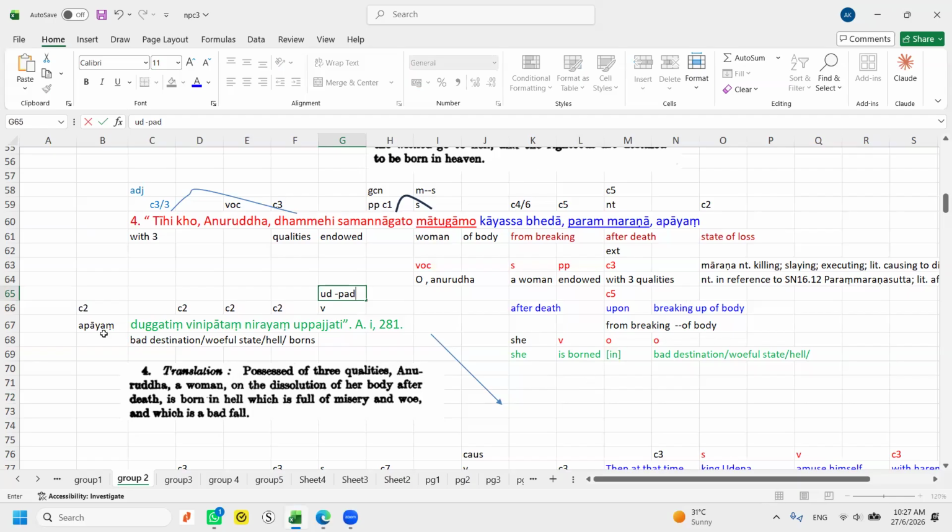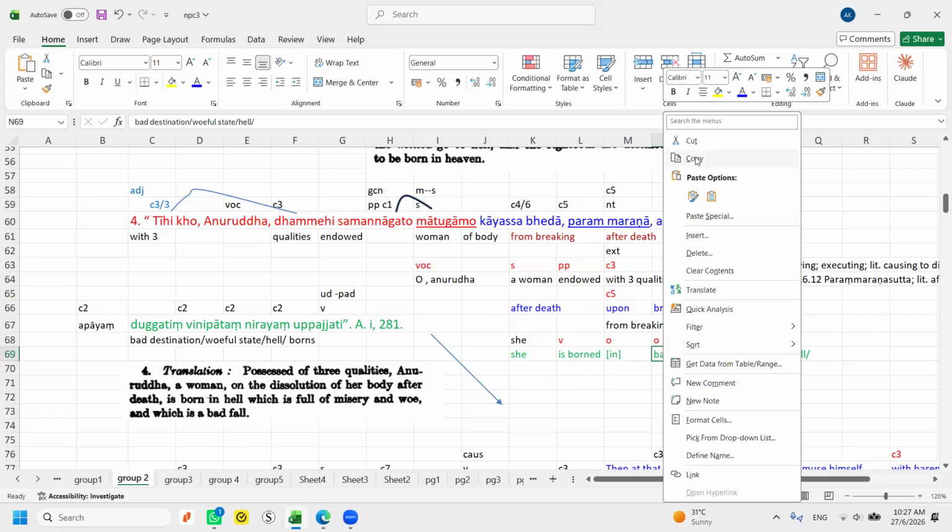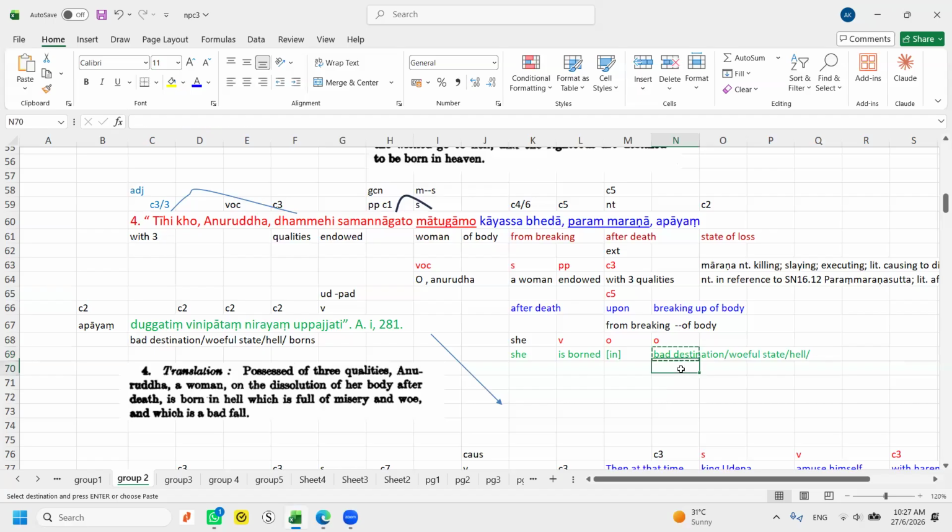Now in this case, if we take this one first, I put this on the bottom line. Apaya is a state of loss.